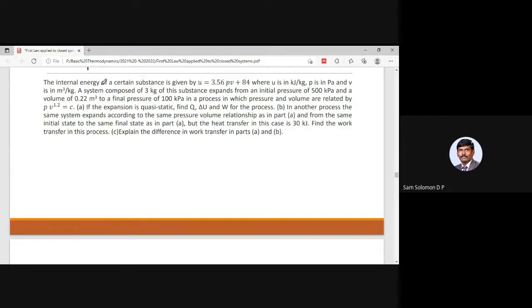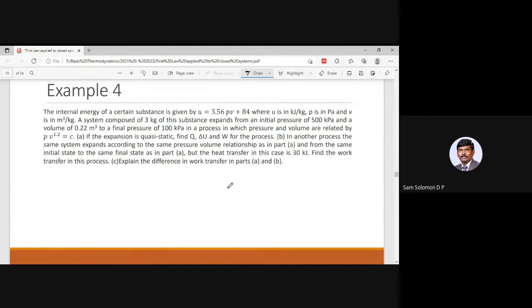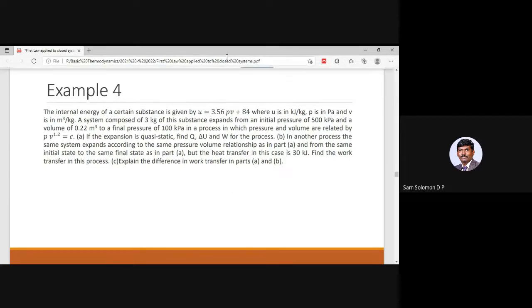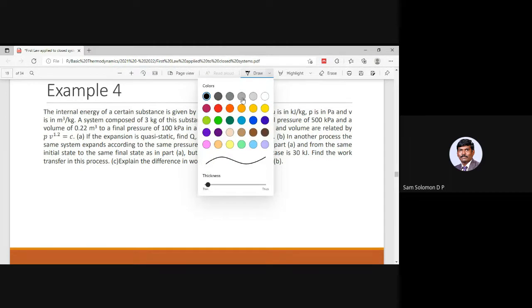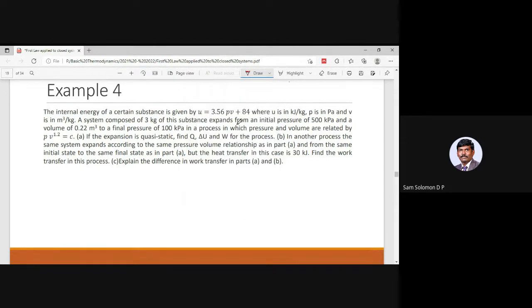So this problem over here: the internal energy of a certain substance is given by 3.56 PV plus 84. Be very careful with what is being represented in the equation. What is this U?